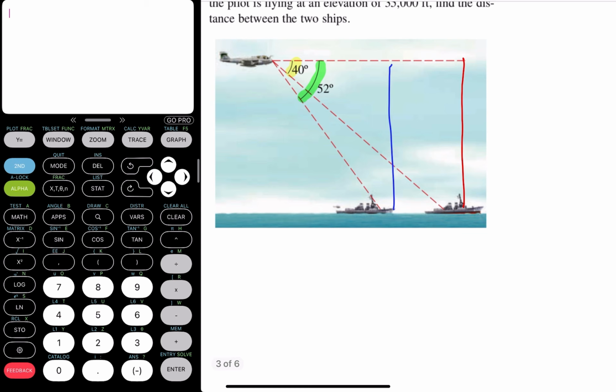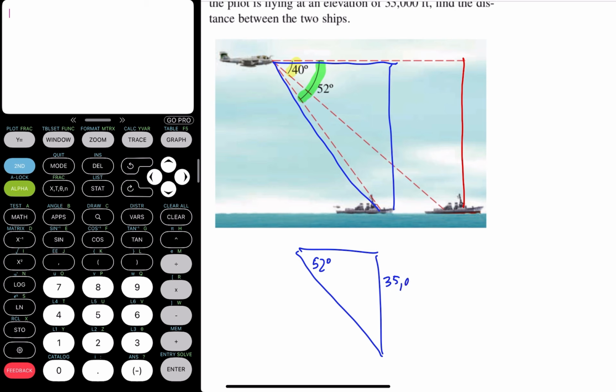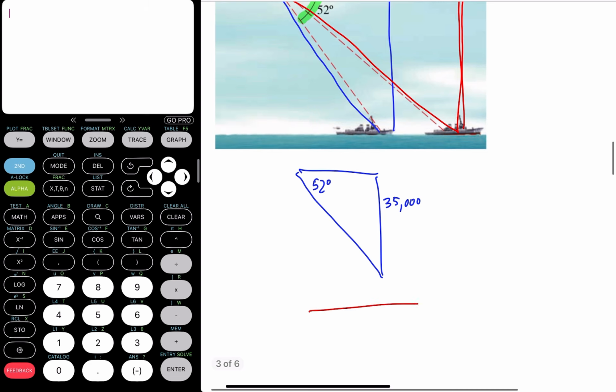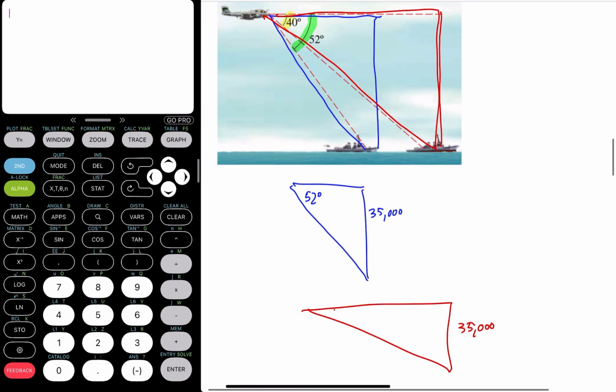So here is my first triangle that I can draw. So that triangle right there has the bigger angle of 52 degrees, and it has 35,000 feet over here. And then our big old red triangle here, the much bigger red triangle, still has 35,000 feet over here, but then the angle up here is 40 degrees.